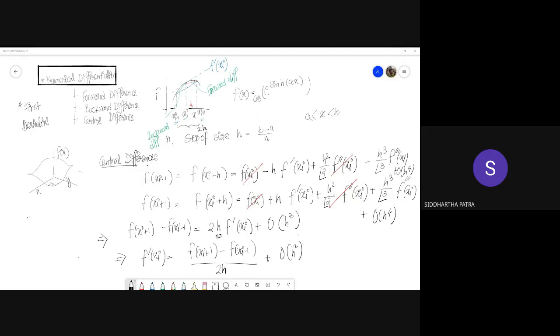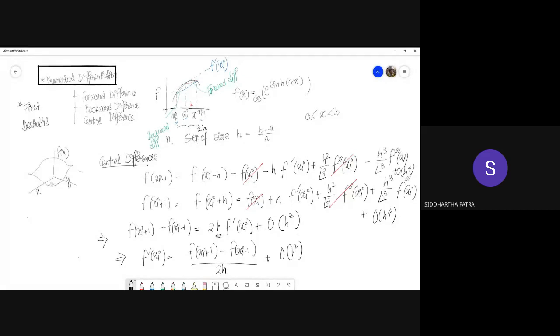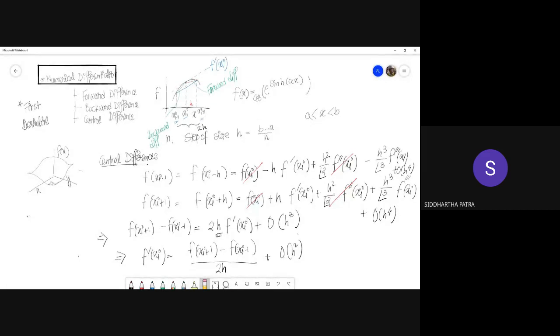Okay. So now let's see how we write the difference values.